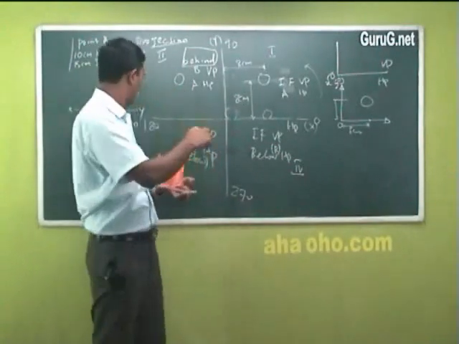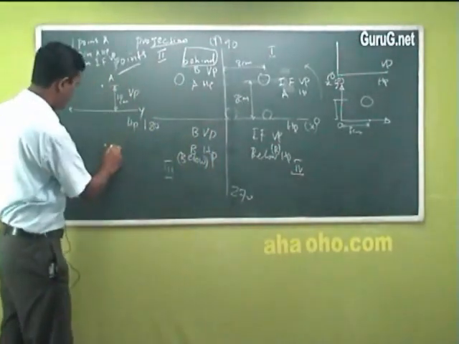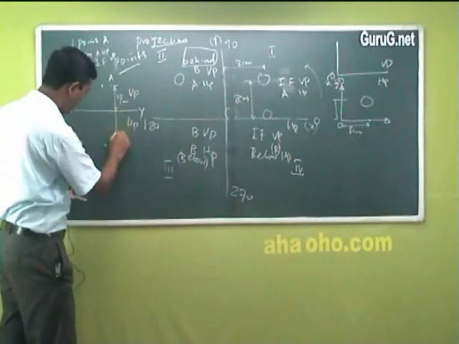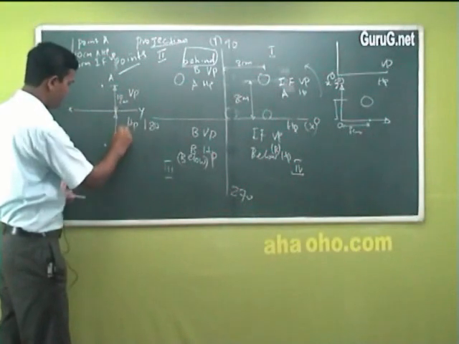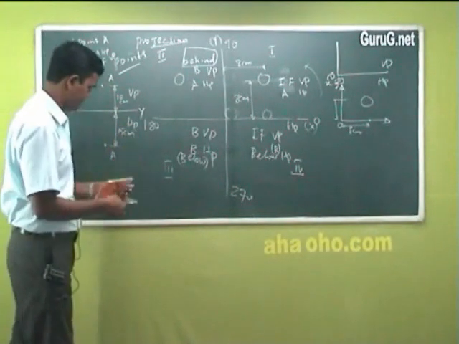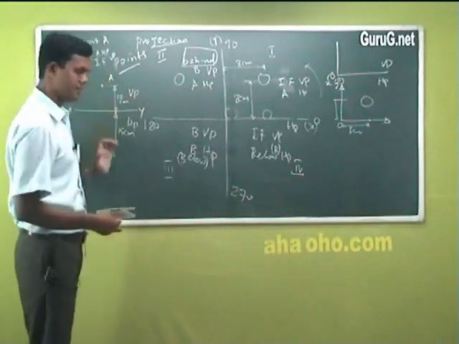Is it correct? What will happen here? 15 centimeter in front of VP. Same point, it is A, 15 centimeter. Is that right? Yeah.